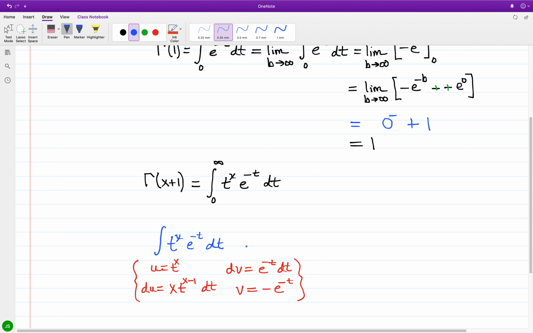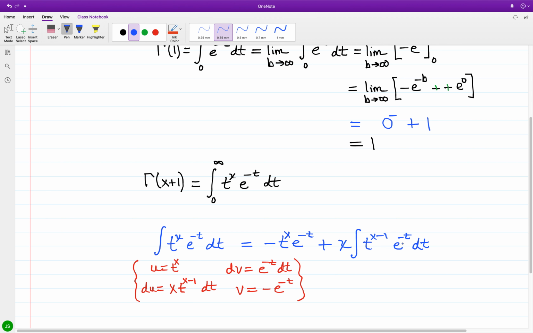Applying the integration by parts, again you have u times v. So you have the negative of t to the x times e to the negative t, and we have minus a negative, which will just translate to plus x times the integral of t to the x minus 1 times e to the negative t dt.